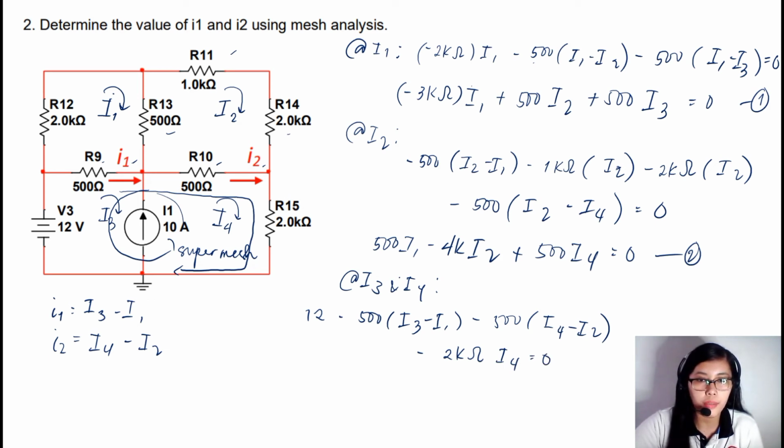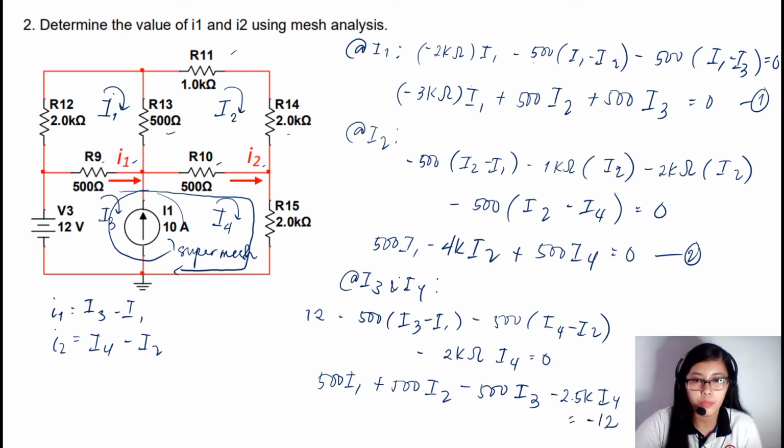So we have, for I1, 500 I1, then plus 500 I2, then minus 500 I3, then negative 2.5K I4, and equate them to negative 12K. And that is our third equation.